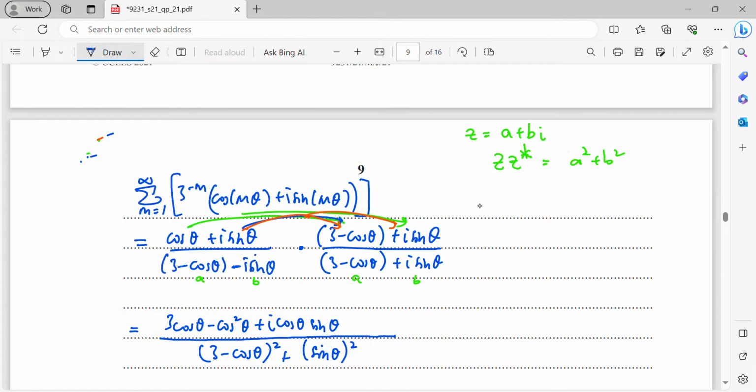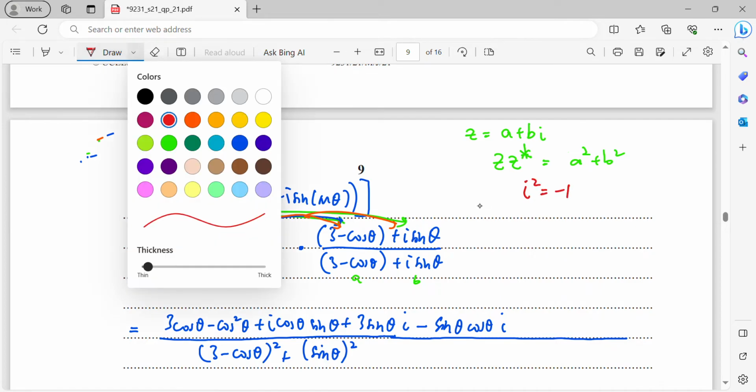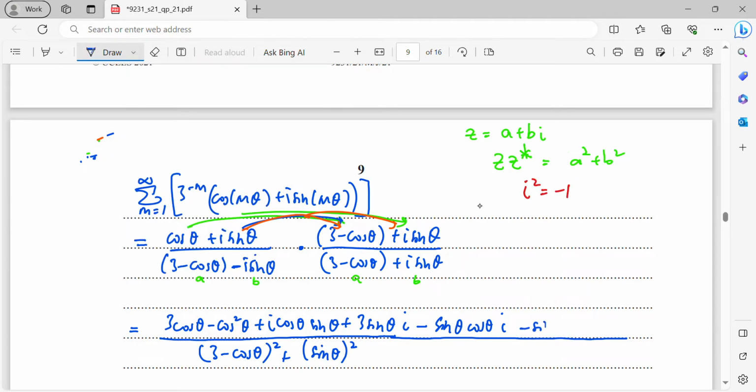So times I sine theta to the 3, I get plus 3 sine theta I. Sine theta times minus cos theta will be minus sine theta cos theta I. Okay, lastly, I sine theta multiplied with I sine theta will be I squared sine squared theta. So then I squared is minus 1. Therefore, I will just directly change it to minus sine squared theta.